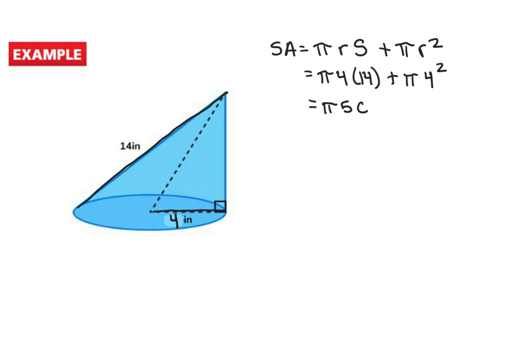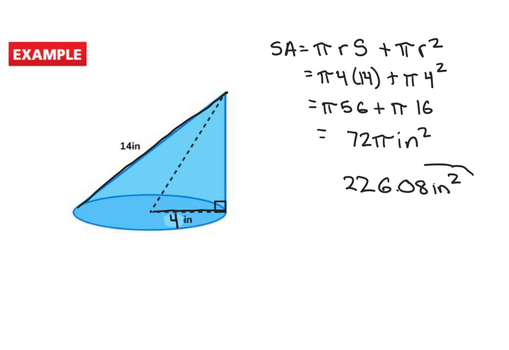So pi times 56 plus pi times 16. 56 plus 16 is 72. And 72 times 3.14 is 226.08 inches squared.